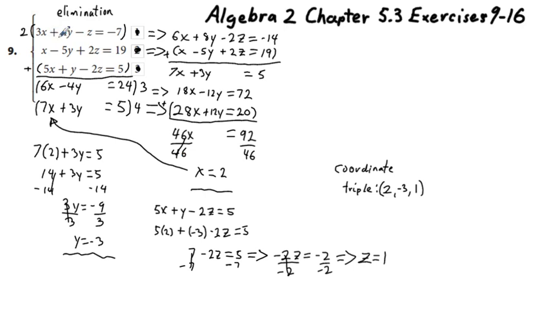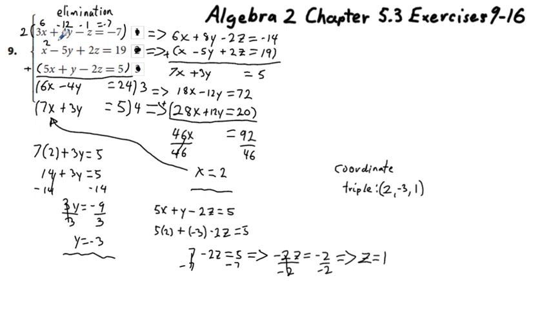And we can quickly verify here. So check our equations. 3 times 2 is 6, plus 4 times negative 3, that's going to be minus 12. And then minus z for 1, minus 1, should be negative 7. So 6 minus 12 is negative 6 minus 1 is negative 7. Check. And then the second equation, we have 2 minus 5 times negative 3, so that's going to be 2 plus 15 plus 2 times 1.